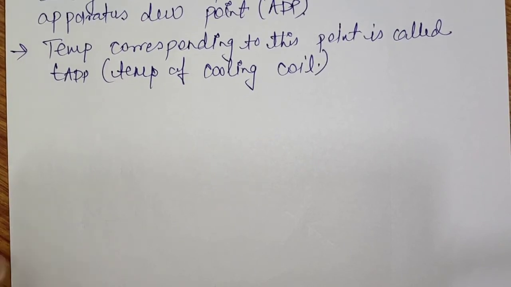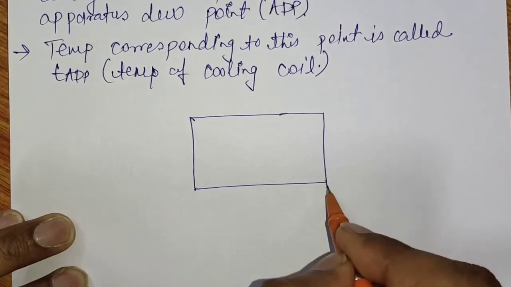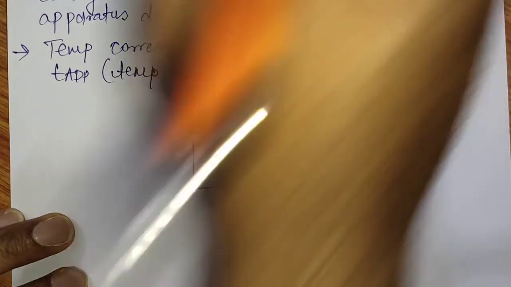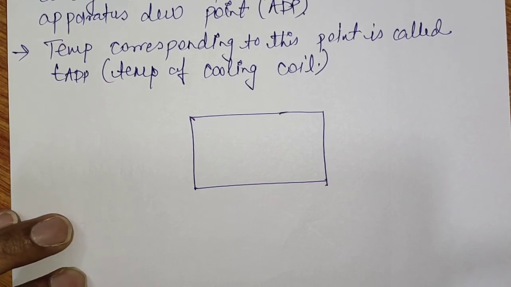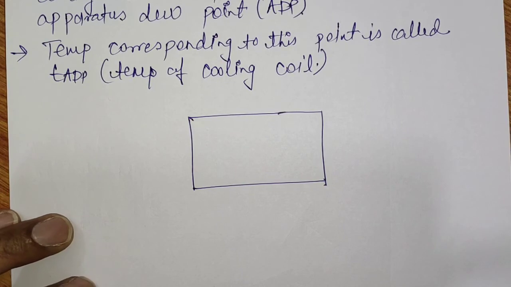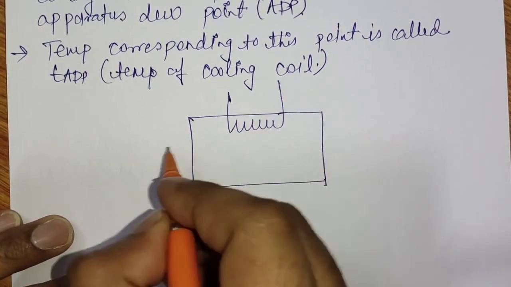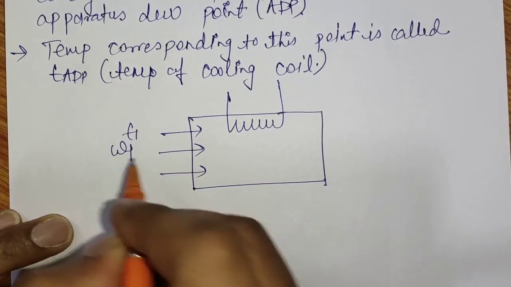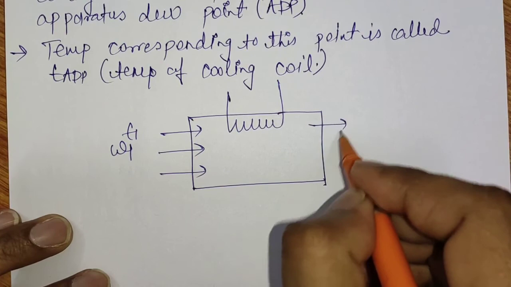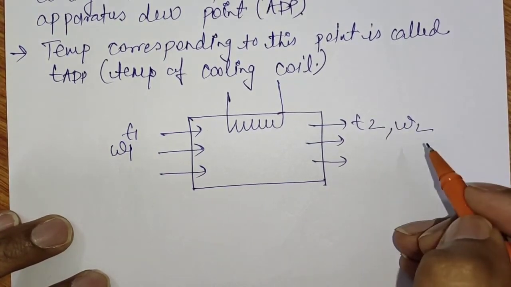We need to understand that whenever there is cooling of the moist air, in the process of cooling and dehumidification, the process will be carried out by the air conditioning system in a certain space where there will be a cooling coil, and the air will enter at temperature T1 and specific humidity omega 1, and will come out as T2 and specific humidity omega 2.